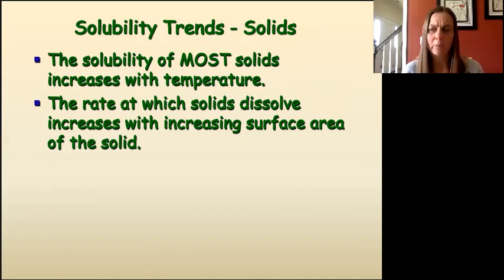It doesn't change how much will dissolve. It just changes how fast it will dissolve. By the same token, stirring is going to increase how fast something dissolves because you have more movement of the particles, but it's not going to change how much will dissolve. But solubility does generally increase with temperature.